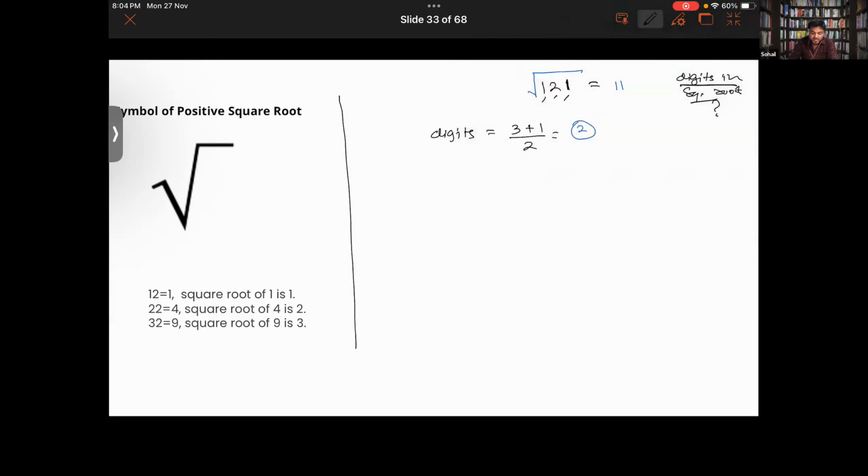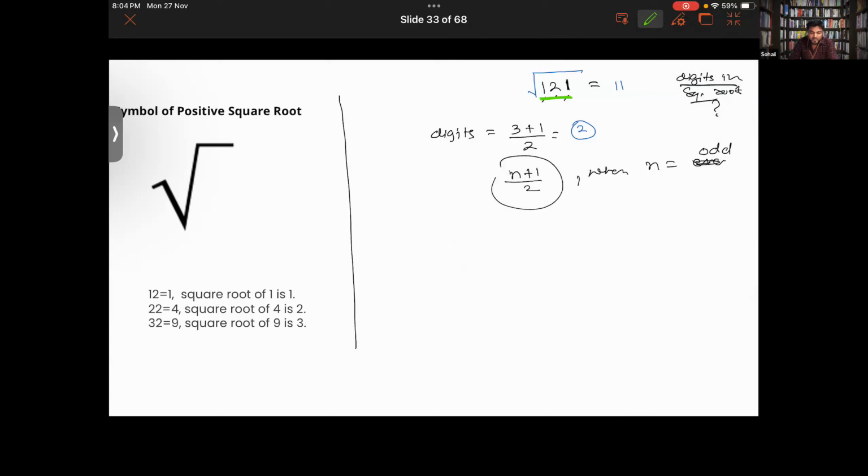So basically, in order to find the number of digits in the square root of a perfect square, it will be represented by this formula: n plus 1 upon 2, when n is odd. Let me repeat what I just told you.